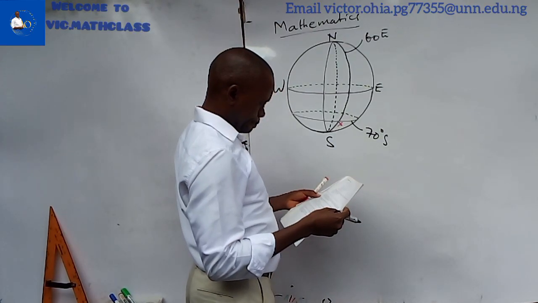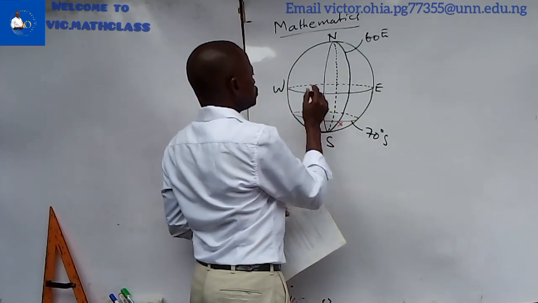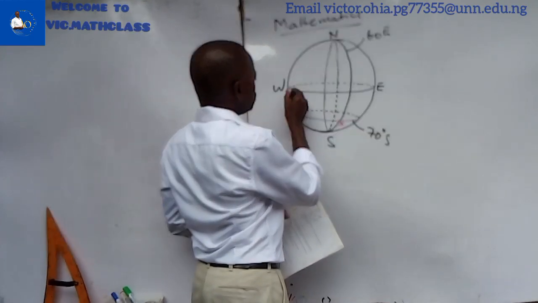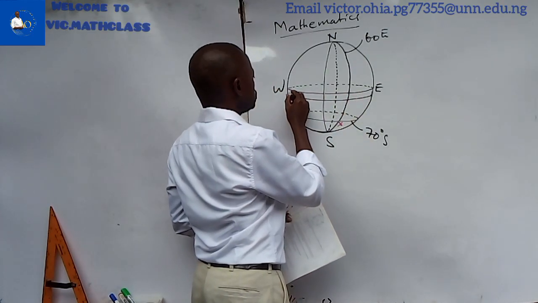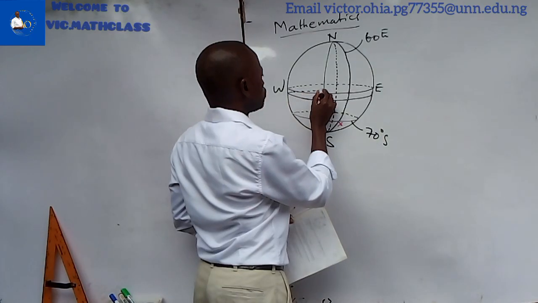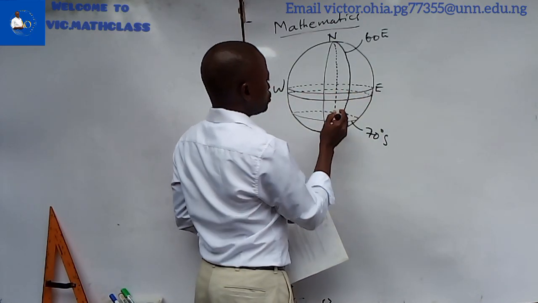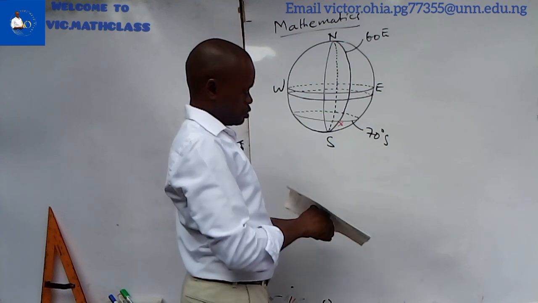So we now have another location Y. They say that that is 7 degrees, very close to the equator. You get what I explained now? That 7 degrees should be very close to the equator. So you can notice another point of intersection here.